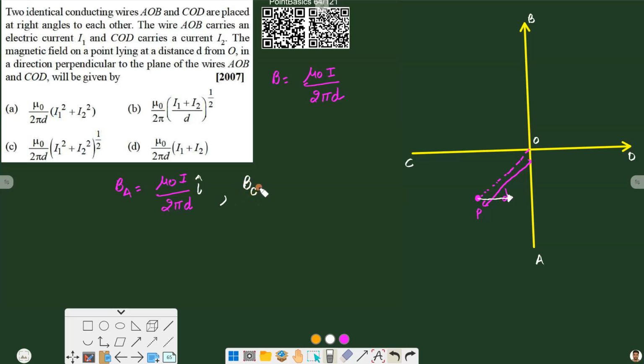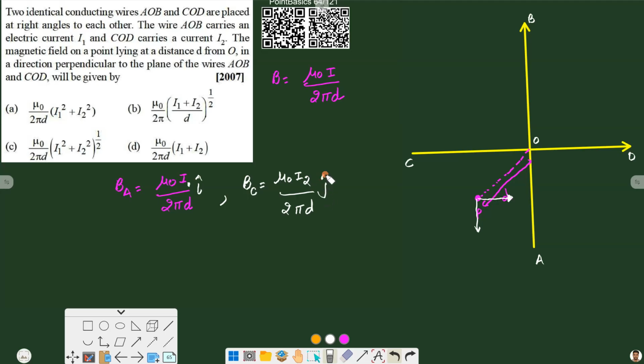Now the magnetic field due to wire C. Oh sorry, here we forgot to add I1. So here we will have I1, and in this case we have current I2, so it will be μ0 I2 by 2πd. The distance is the same, and in this case, applying the right hand screw rule, the magnetic field will be in the downward direction, the negative j direction.